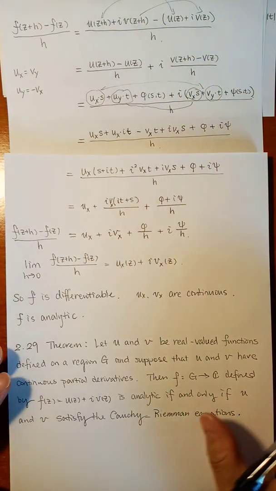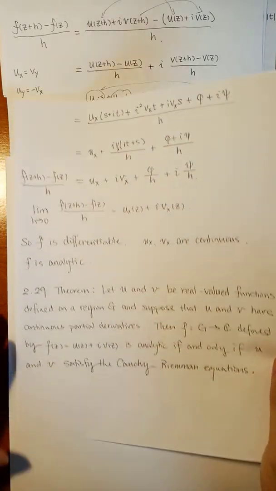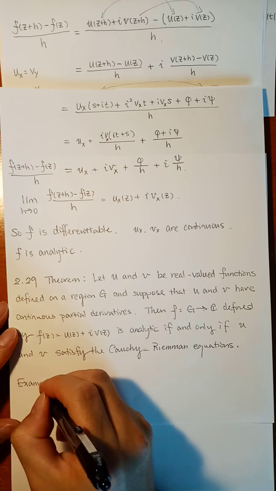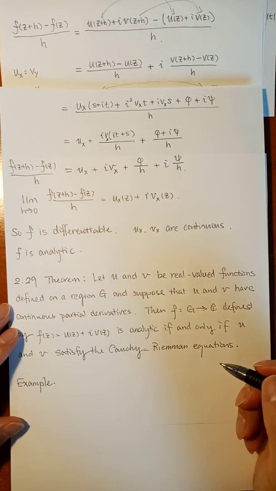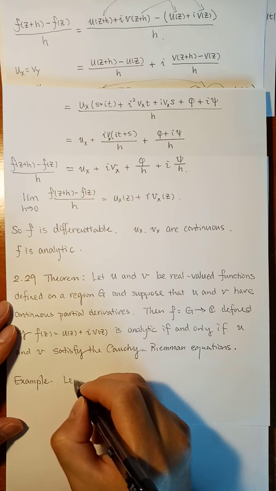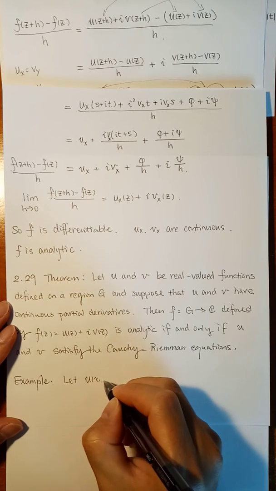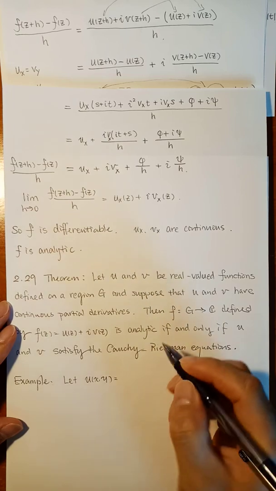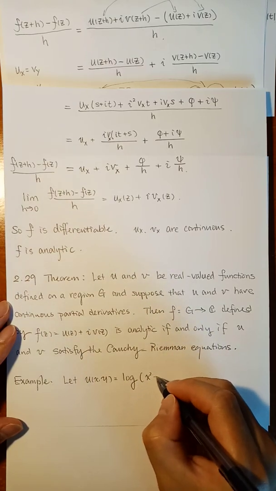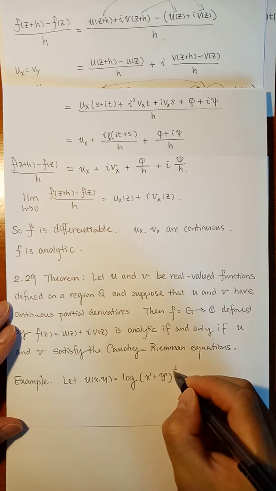Okay, now let's see one example. We have u(x,y) to be the natural log of (x squared plus y squared) to the 1/2.